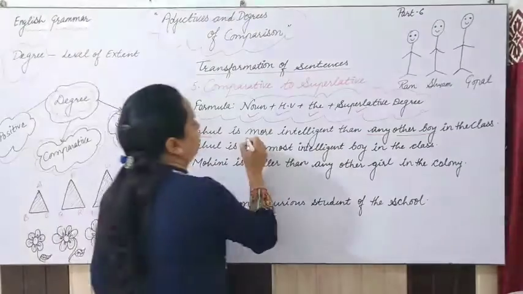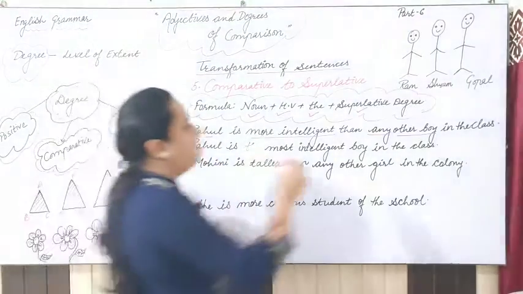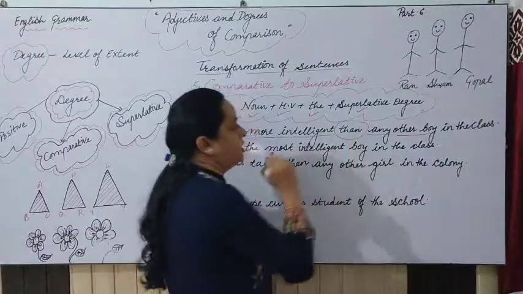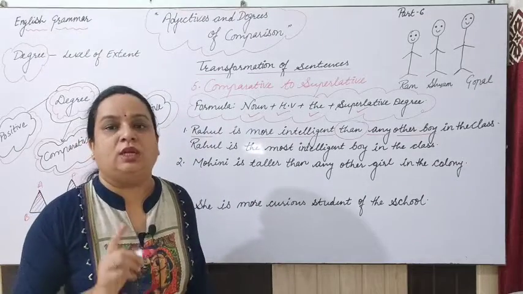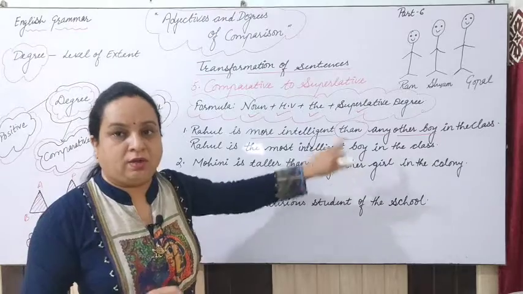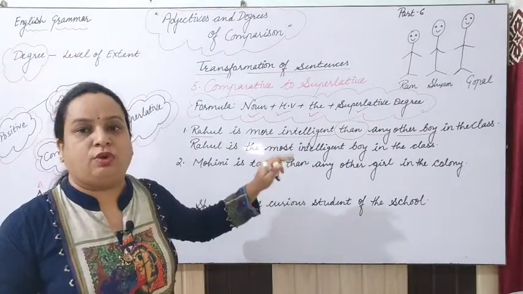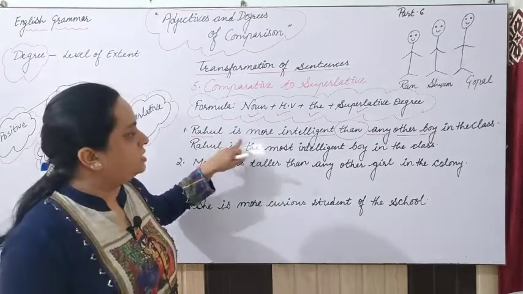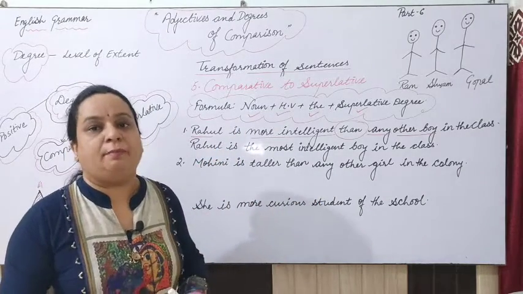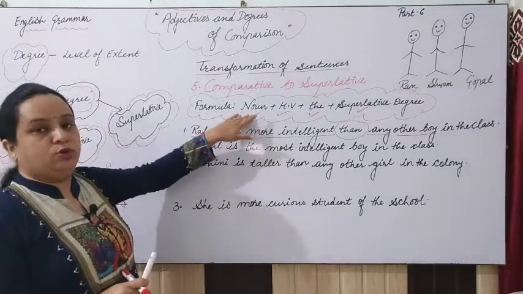Moreover, more intelligent, which is comparative degree, is being used, and with that the word than, which we use in comparative degree only, is also given here. So it is confirmed that the sentence given to us for transformation has comparative degree. Clear? Now we have to change that into superlative.